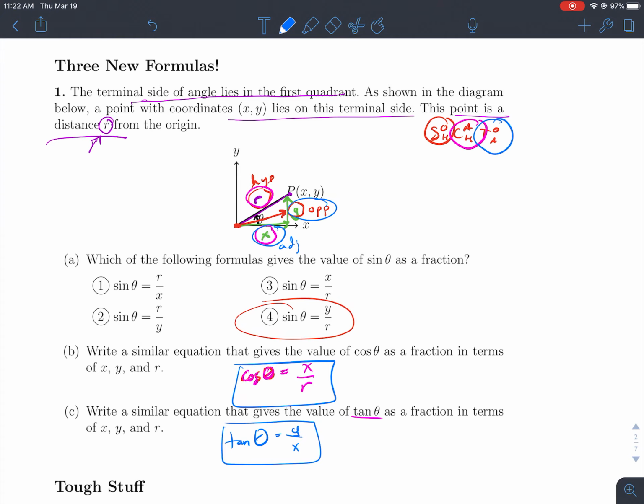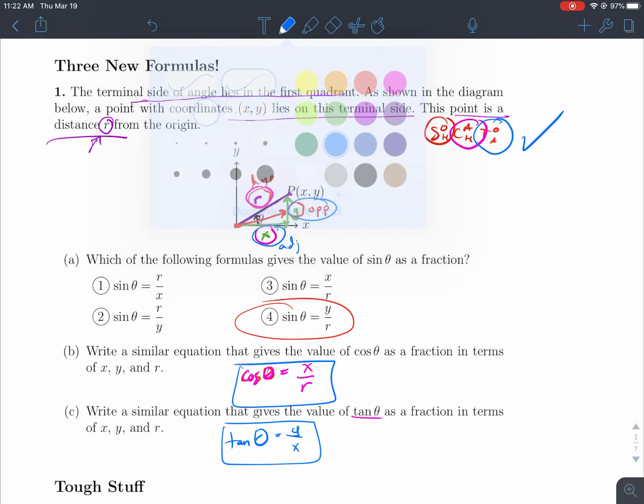And so what we have here is three formulas that are exactly equivalent to these formulas. They come from these formulas. Sine is opposite over hypotenuse, adjacent over hypotenuse for cosine, and tangent is opposite over adjacent. But instead of framing things as sides of triangles, we're framing things from a coordinate perspective.